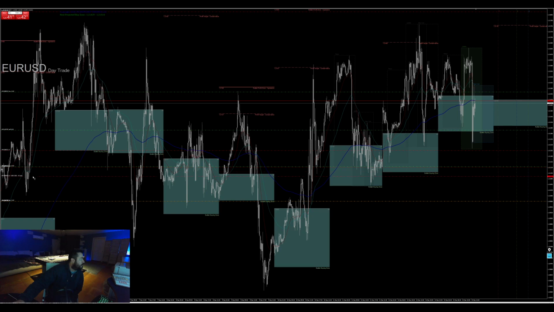This is number 3, 4. Yeah, see, it's already starting to form that wick.